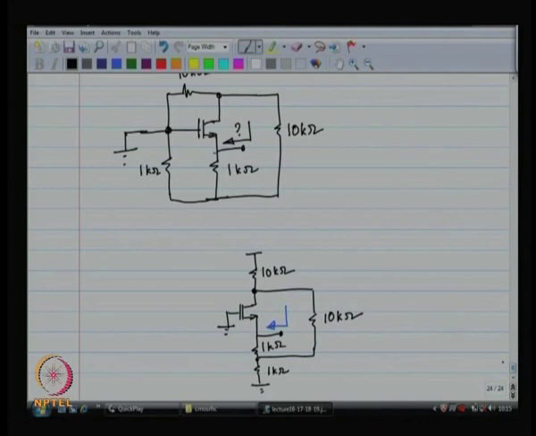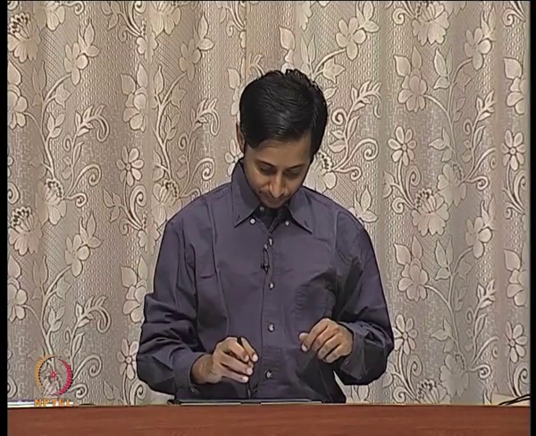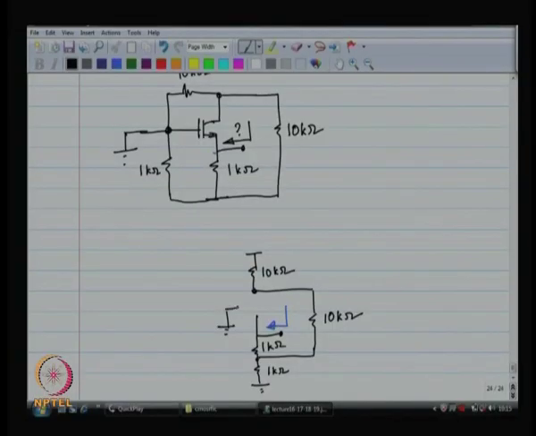What we are going to do is we need to analyze this. So, you pick some voltages, you write out the Kirchhoff's laws. So, I have applied a voltage V at the source of the MOSFET, and the gate is grounded.